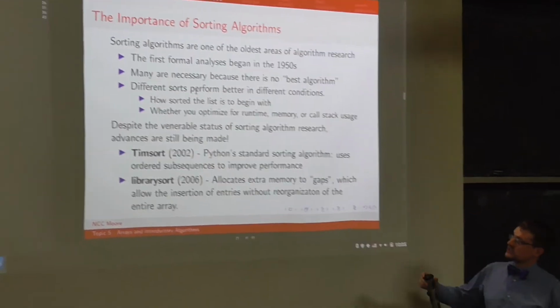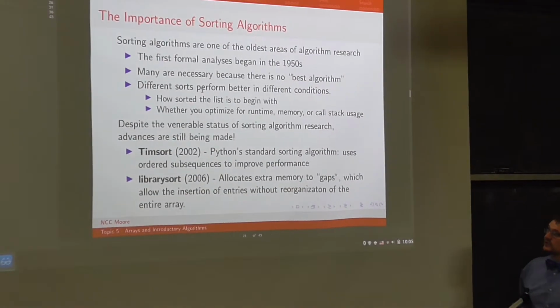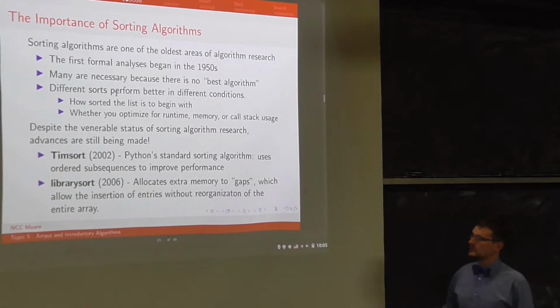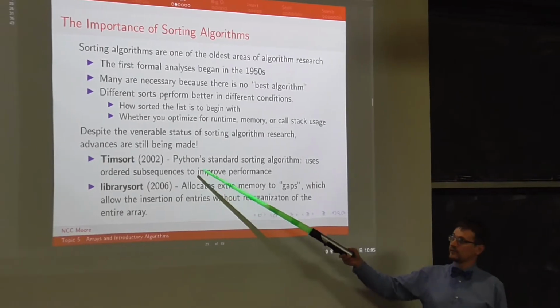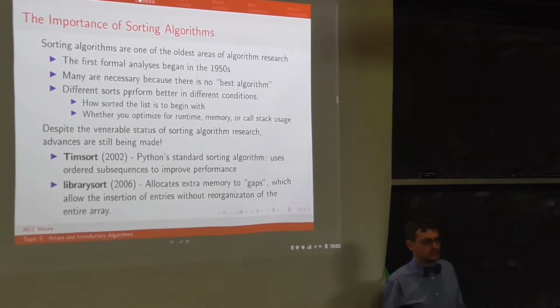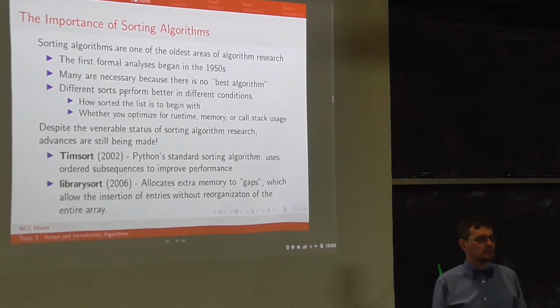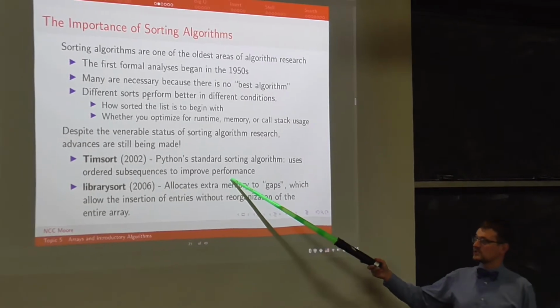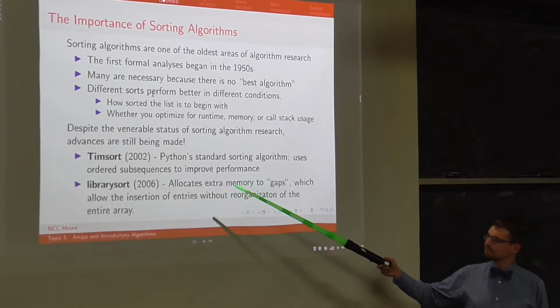Despite the venerable status of sorting algorithms research, advances are still being made, relatively recently as well. Python's standard sorting algorithm is called TimSort, named after a bloke named Tim. It uses ordered subsequences to improve performance.